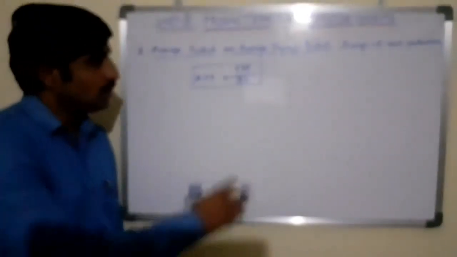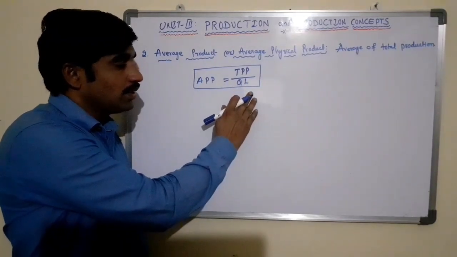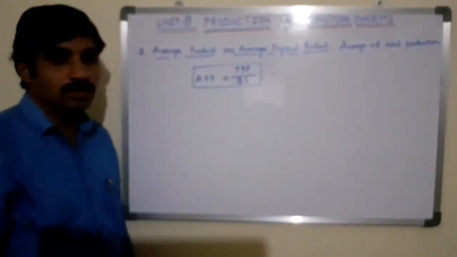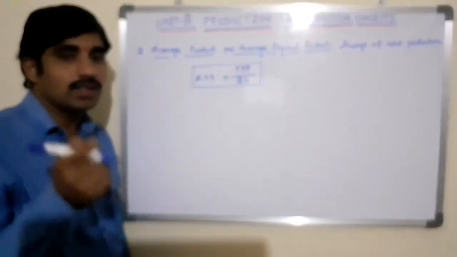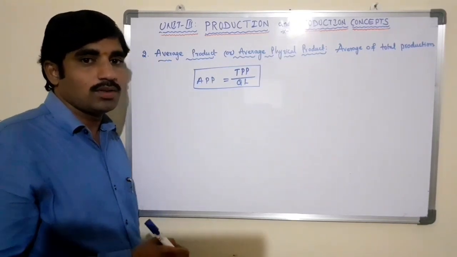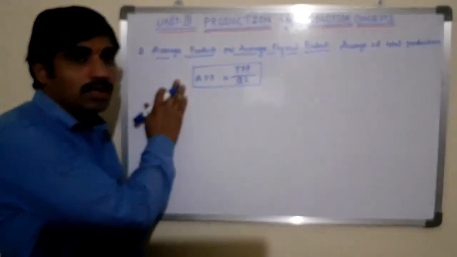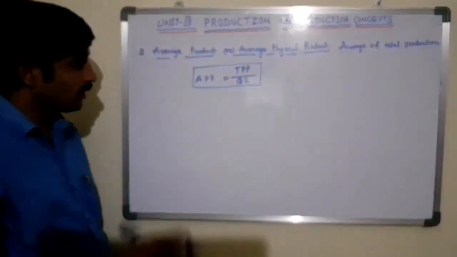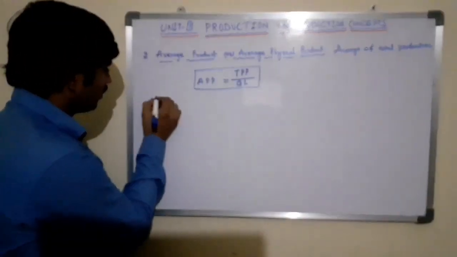In other words, per unit of quantity of inputs introduced in producing the product is known as average product. So average product can be explained by using the schedule and the graph.